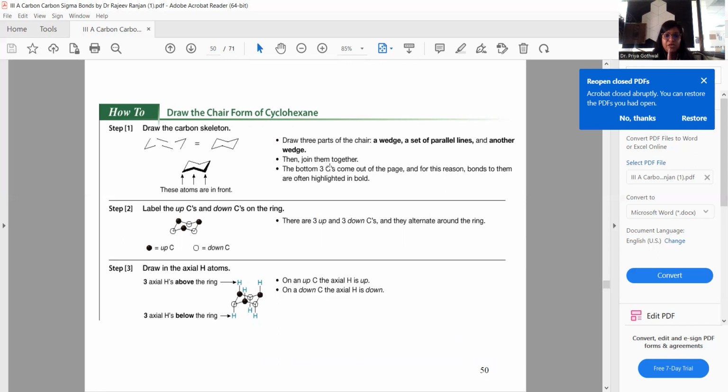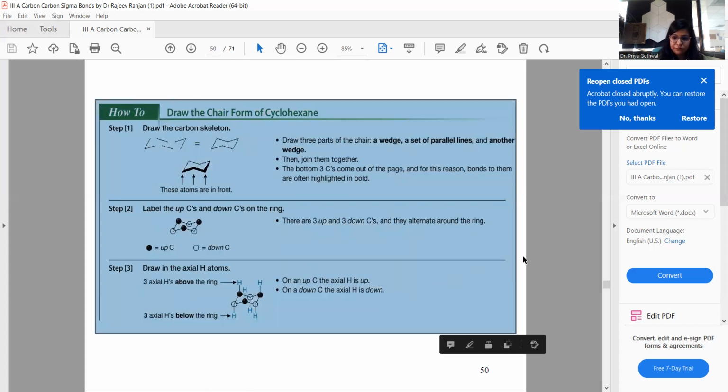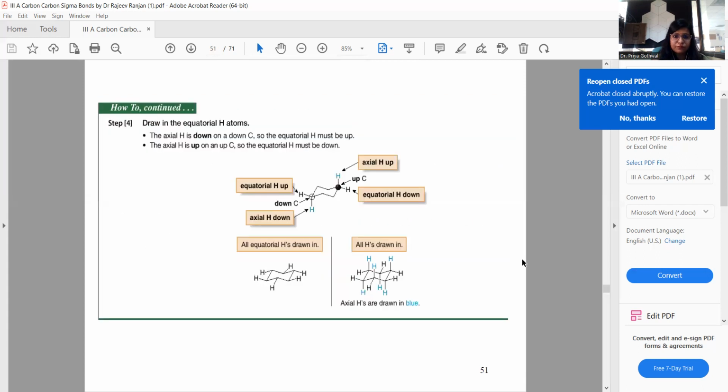The bottom three carbons come out of the page, and for this reason, bonds to them are often highlighted in bold. Second step is to label the up carbons and down carbons on the ring. And step three, draw in axial hydrogen atoms: three axial hydrogens above the ring and three axial hydrogens below the ring. Here are some examples.